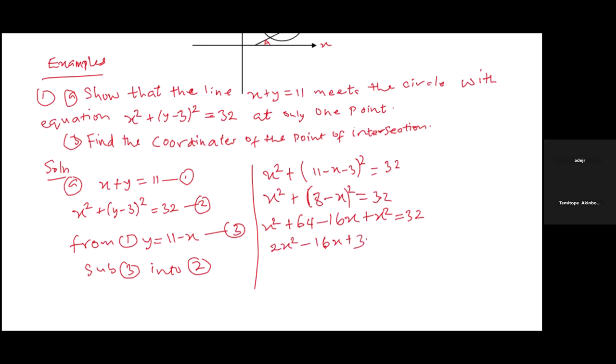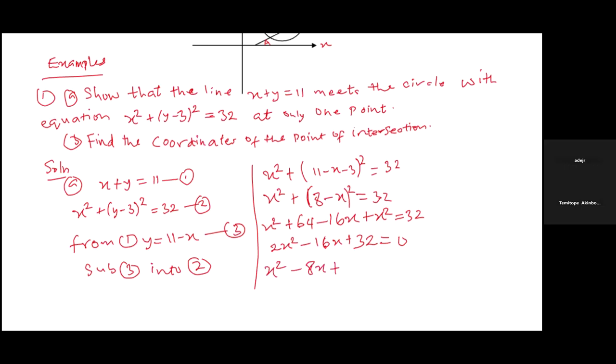Equals 0. So I can reduce it by dividing by 2, because I can see that each of the terms is divisible by 2. So 2x squared divided by 2 will give us x squared. 16 divided by 2 will give us 8, so this will be 8x. 32 divided by 2 will be 16, equals 0.